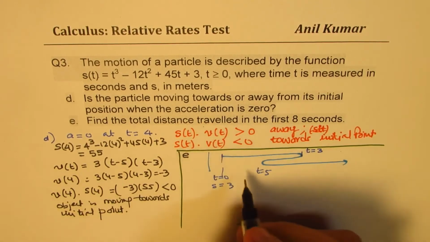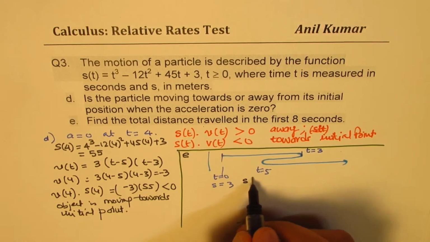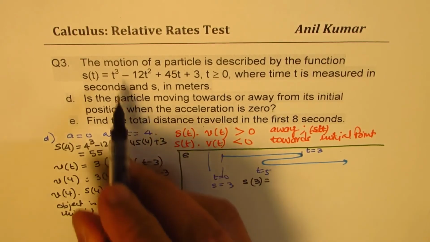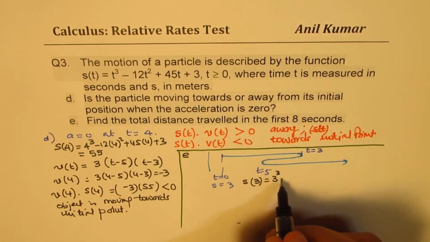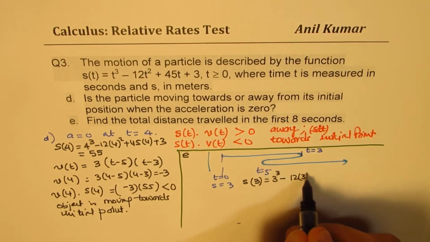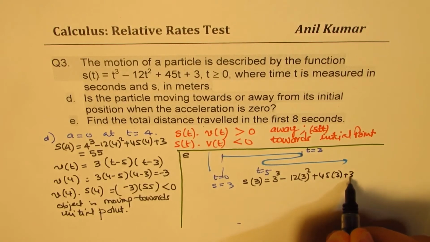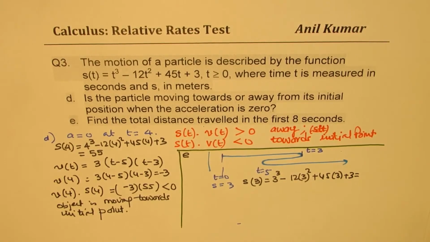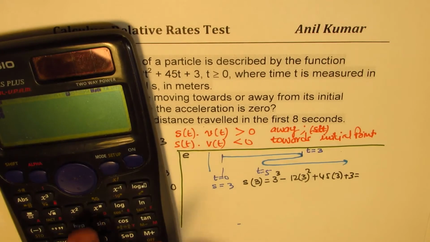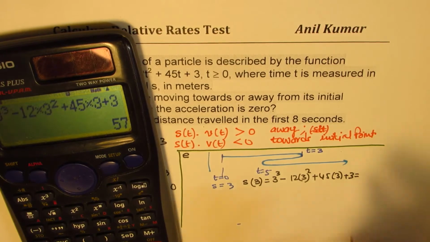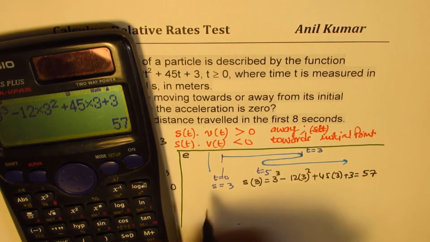So let's calculate. We'll find the value of s at 3. We'll substitute 3 here, which is 3 cubed minus 12 times 3 squared plus 45 times 3 plus 3, correct? So let's use the calculator. 3 cubed minus 12 times 3 squared plus 45 times 3 plus 3 equals 57, right?